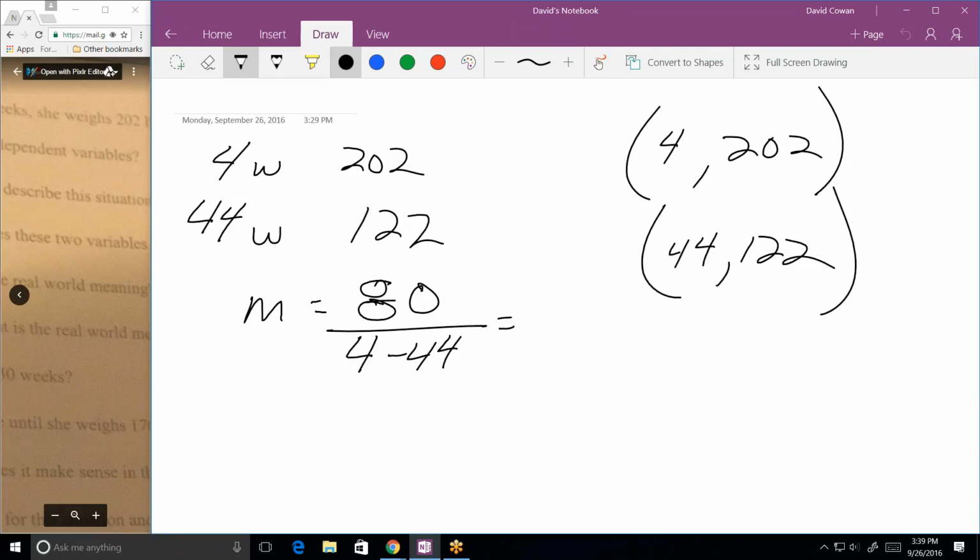So that's negative 2. Negative 2. And that matters. In other words, this is a slope that is negative like that. The more weeks you are on the diet, the lower your weight's going to be. Thank God she didn't go 88 weeks. She'd have disappeared.